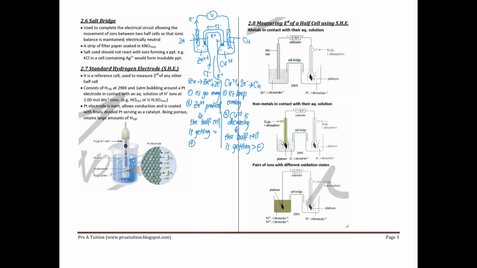Okay, so now let's see. You put potassium chloride in the salt bridge, so it overcomes the problem. What problem? Staying electrically neutral. They want to maintain the two half cells to be neutral. We don't want it to be more positive and more negative.